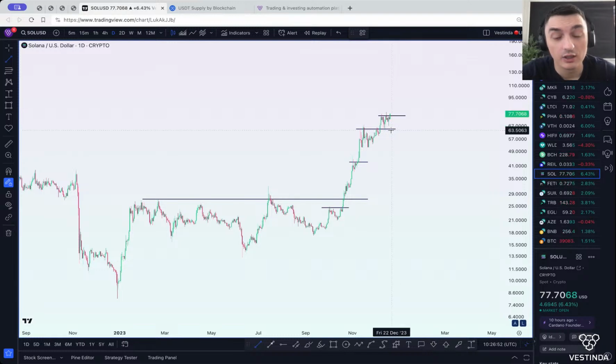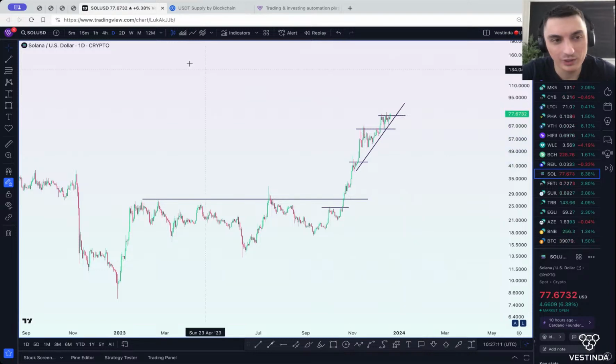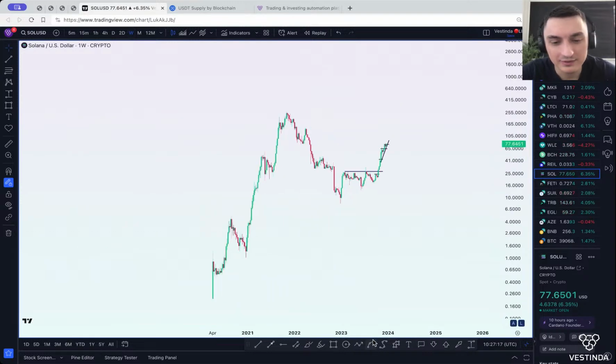And vice versa, when the price is breaking down below some support points, then you can have a stop loss, or if you are risky enough, you can try to trade against the trend. However, it is not advised anyway, because again, trading against the trend is usually really painful.